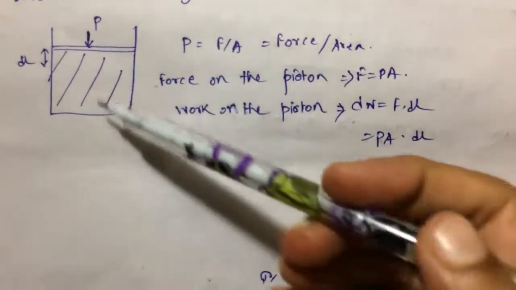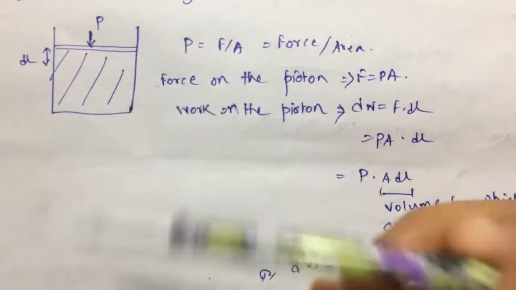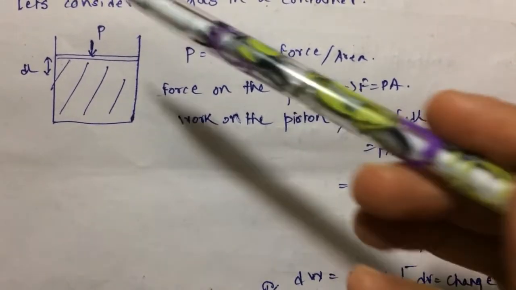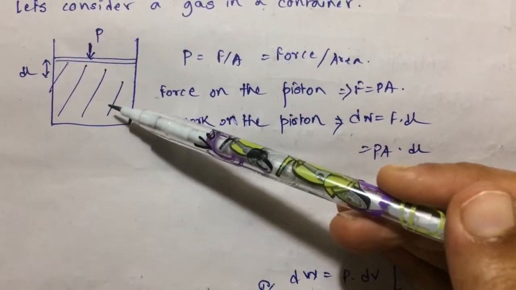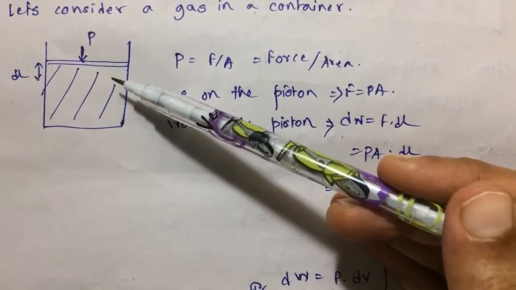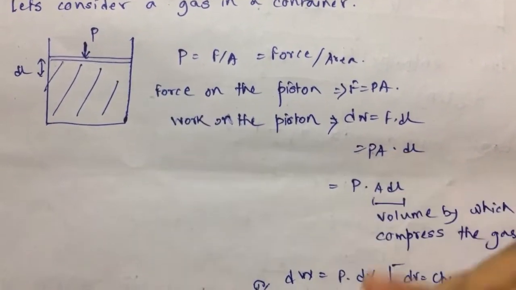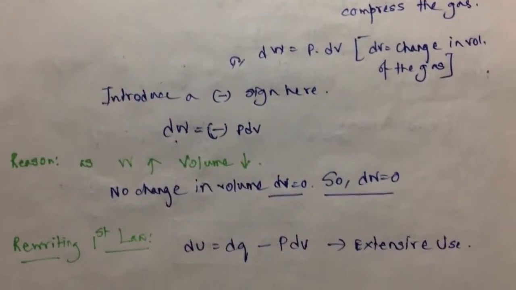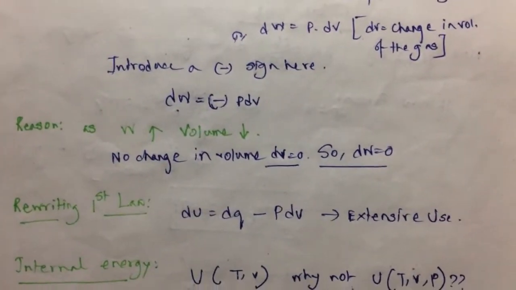That is, if we apply more pressure on this piston, this gas will be more compressed, and that accounts for the negative sign in the equation. So we can write dW equals minus PdV.